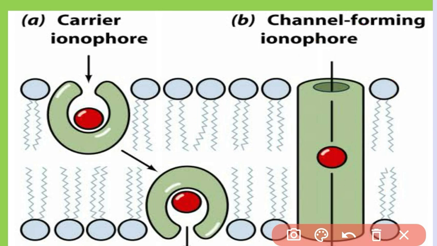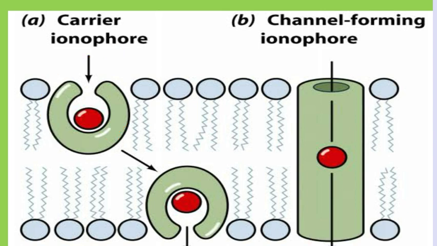Whereas the carriers are known as mobile ion carriers, which are small molecules that physically shield the ion from the surrounding environment and facilitate its movement across the plasma membrane.